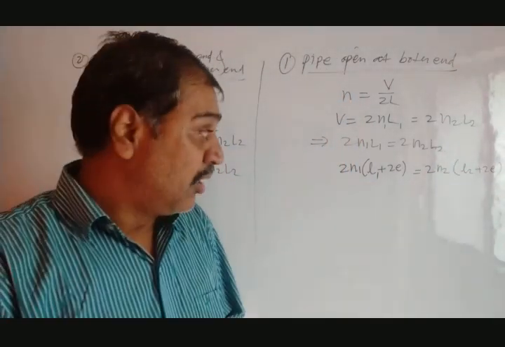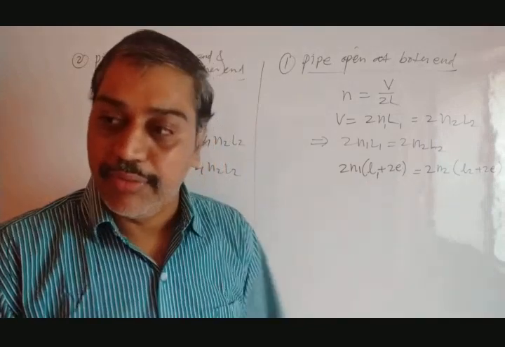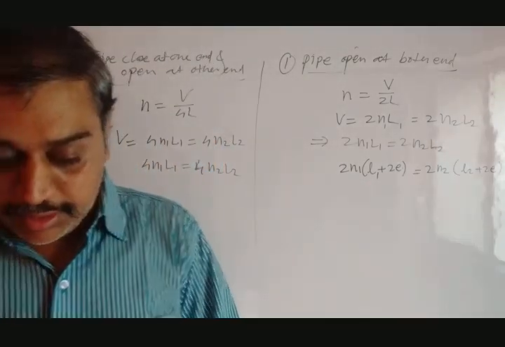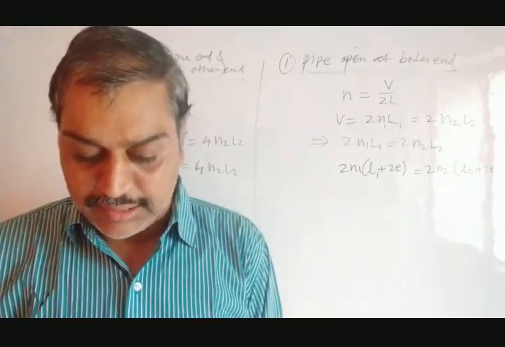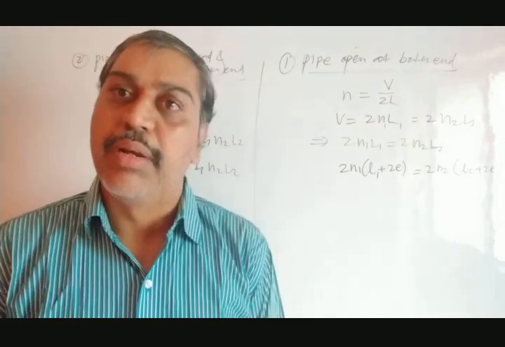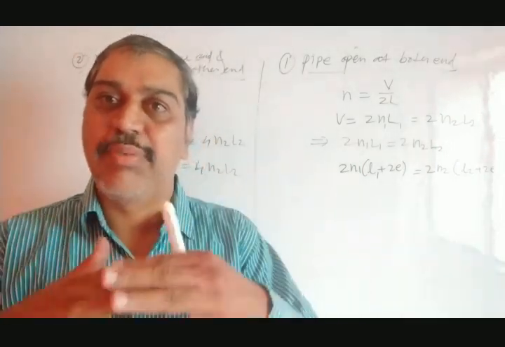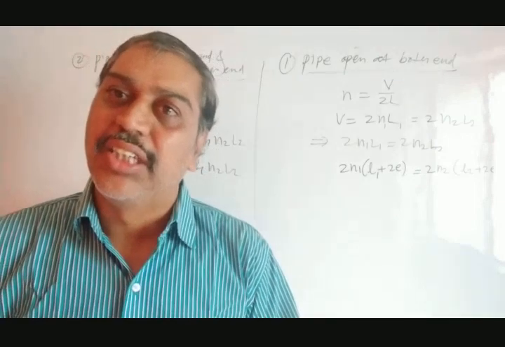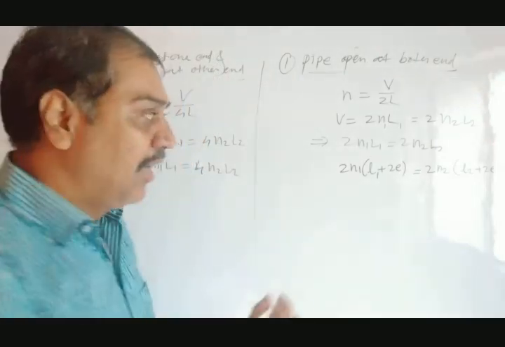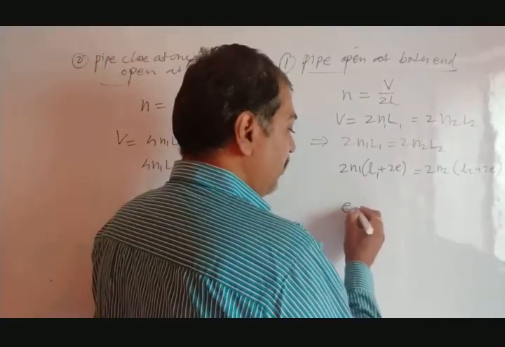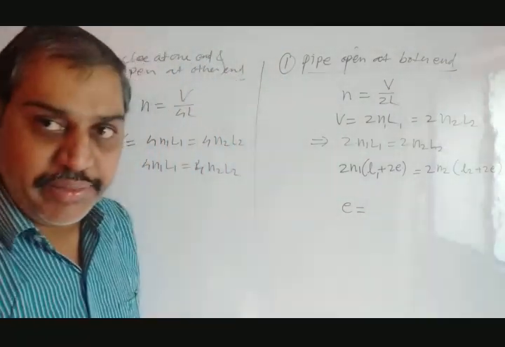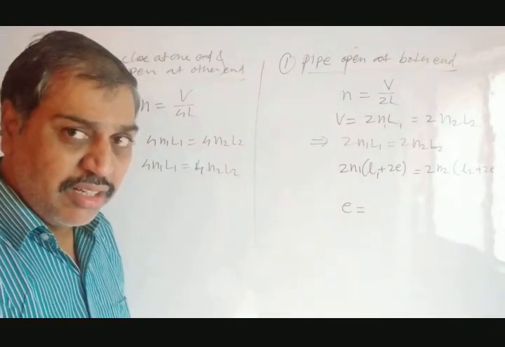We have put the end correction also. So here we get these equations: N1 (L1 plus twice E) equal to N2 (L2 plus twice E). From this, transfer the terms from left side to right side, take the common term and find the value of E. I hope you can find this value of E. Can you?